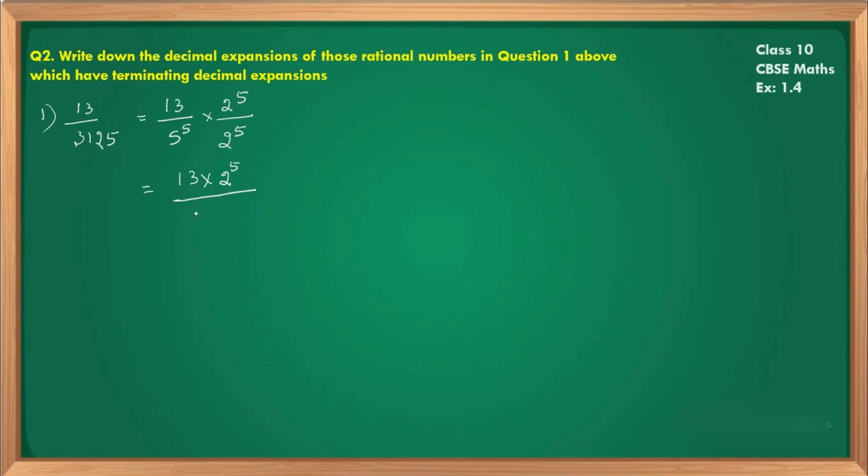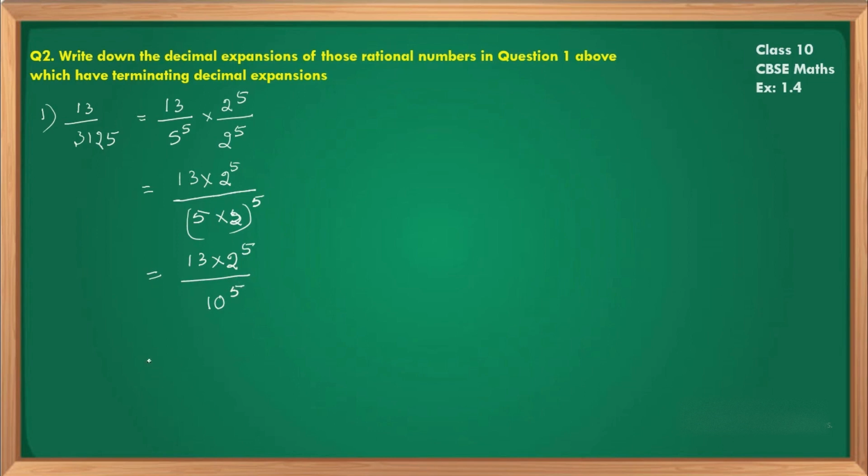So what you have to do, you take 5 and 2 and then put the power on the top. Now you can write down 13 into 2 to the power 5 divided by 5 into 2, which gives you 10, to the power 5.